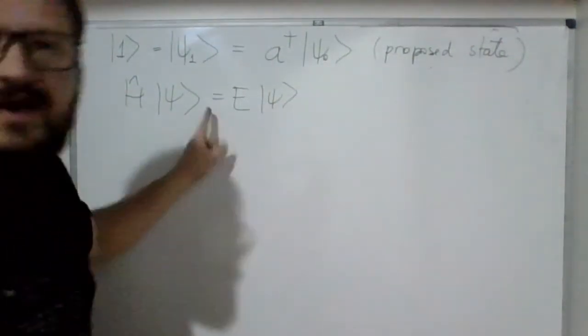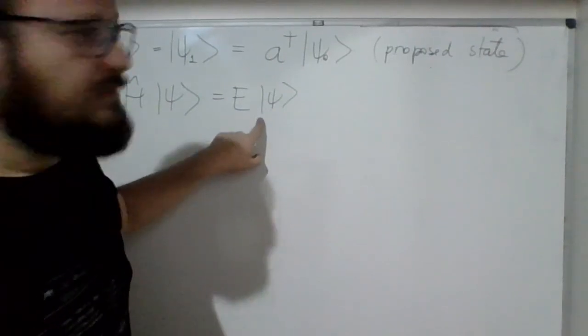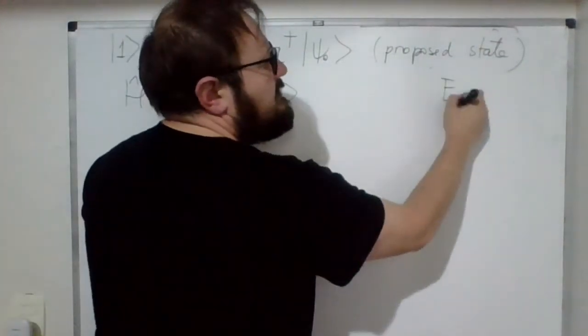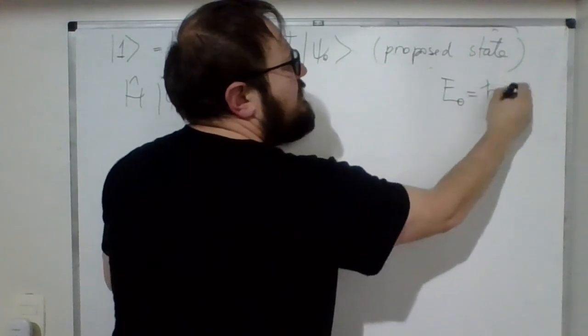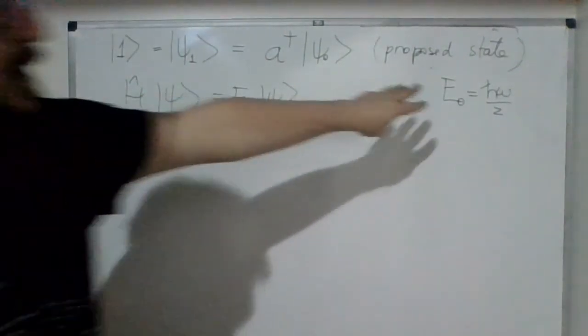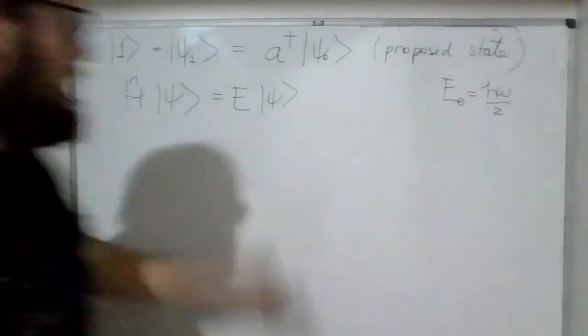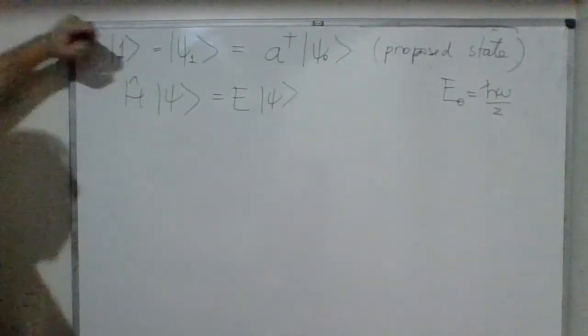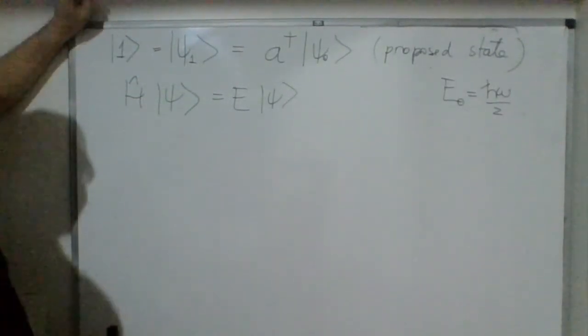It must satisfy this thing here, all right? So remember, the E naught energy, which is the vacuum energy or the fundamental state energy, corresponds to h bar omega divided by 2. Let us see if this proposed state here also satisfies it.